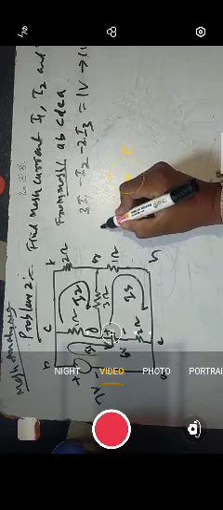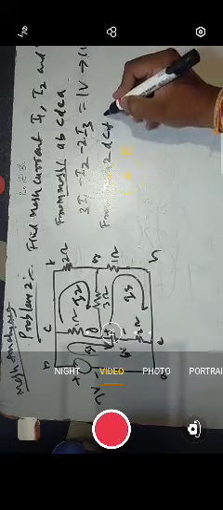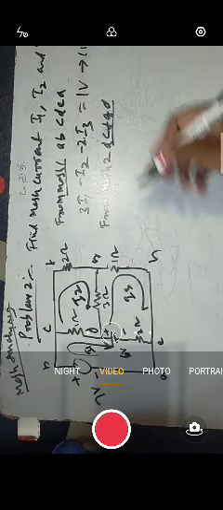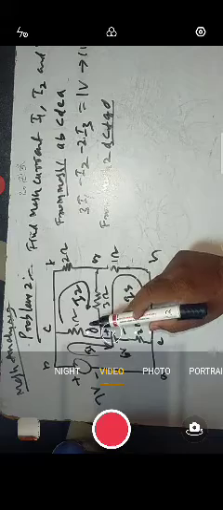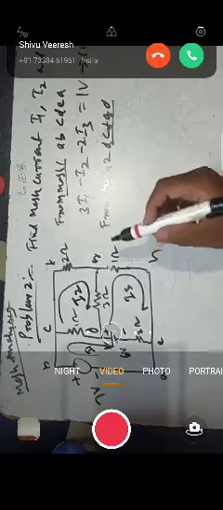Similarly, from mesh 2, what is mesh 2? D, C, F, G, D. See that this 1 ohm belongs to both I1 and I2, and this 2 ohm, 1, 2 and 3 belong to I2, and this 3 ohm belongs to I3, mesh 3.